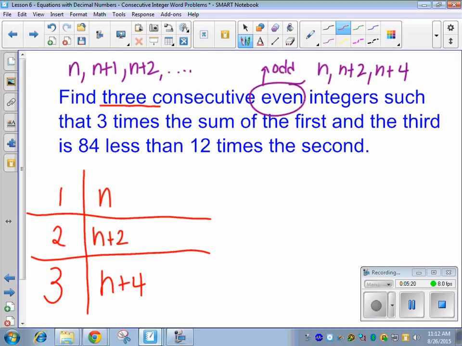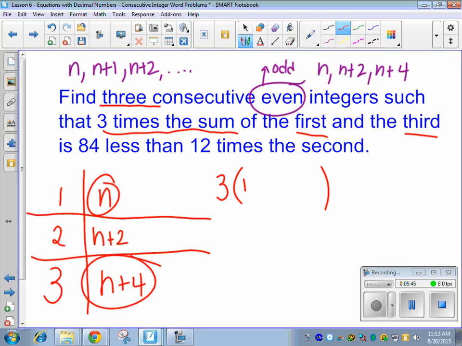Now we can write our equation. So I have 3 times the sum of the first and the third. So when you have times the sum, you need parentheses. So 3 times the sum of something, and the sum is the first and the third integer. So the first is n, and the third is n plus 4.